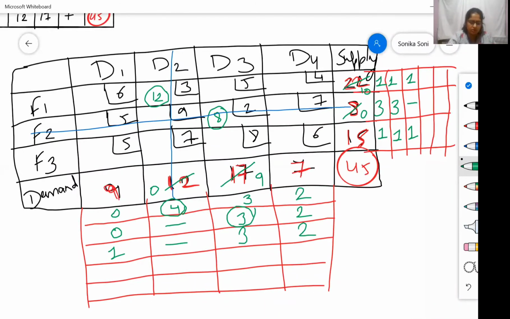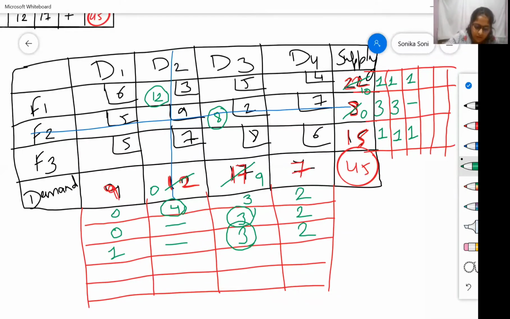So, which is the highest penalty here? We have 3 as the highest penalty in the D3 column. That means we have to look for the lowest cost in the D3 column, which is 5. So we have to allocate in F1 D3. How much can we allocate here?